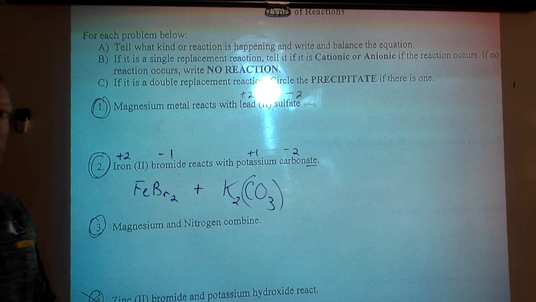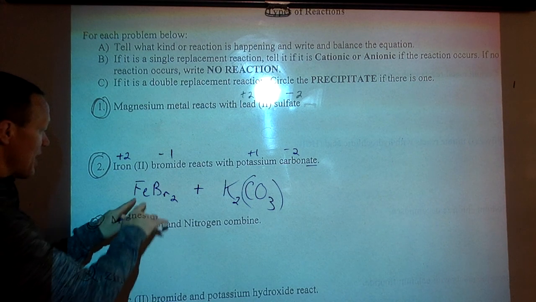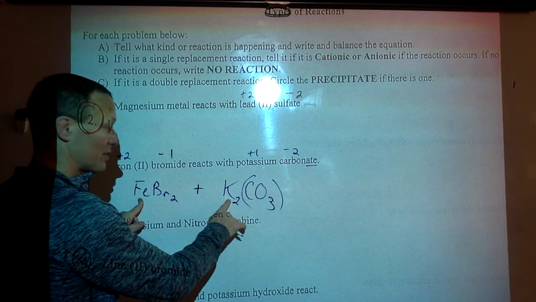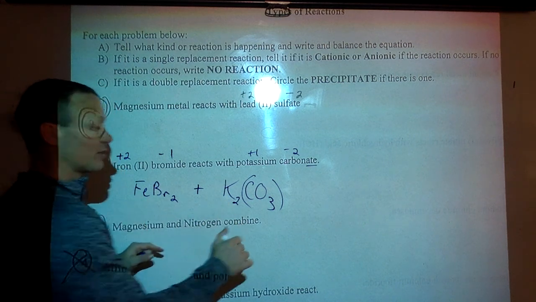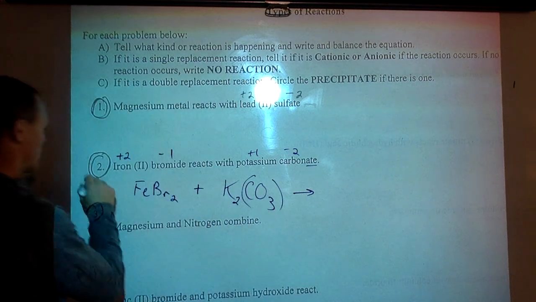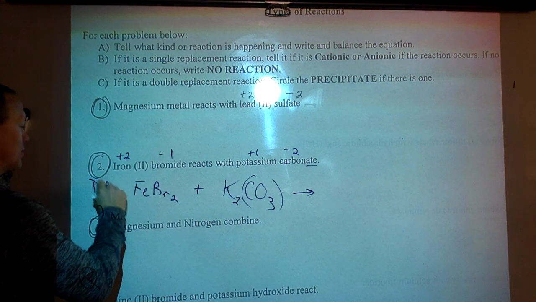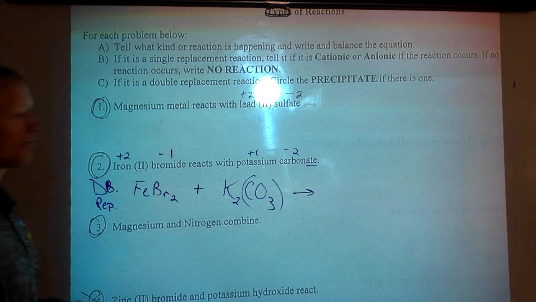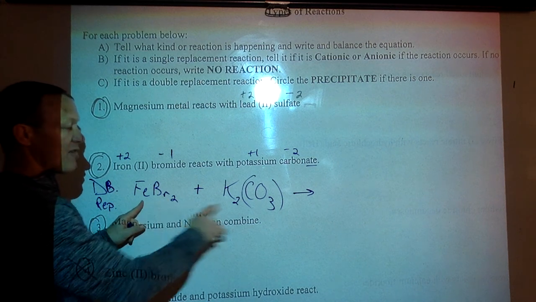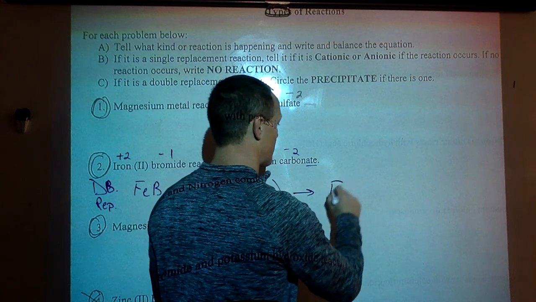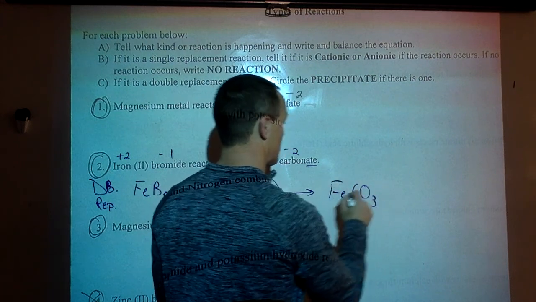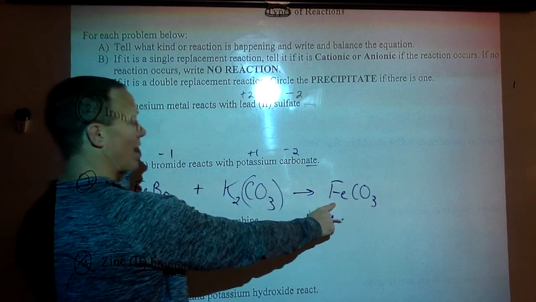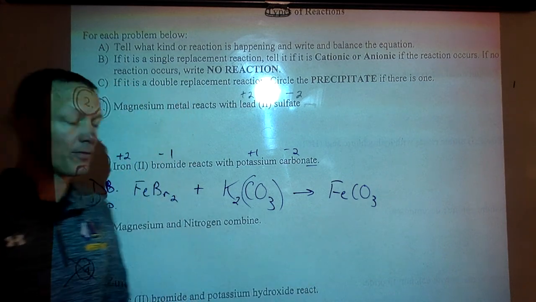It's double replacement, so the Fe and the K are switching places. So the Fe goes with the CO3, and that's still a plus 2 for iron and a minus 2 for carbonate, so those are equal.